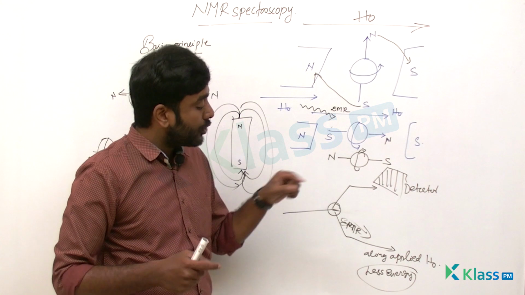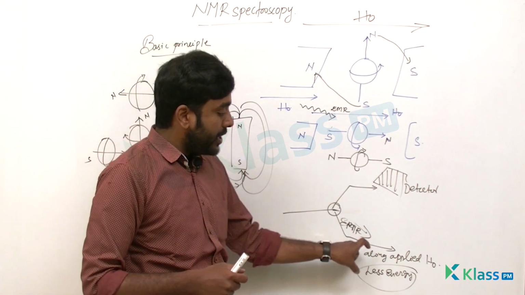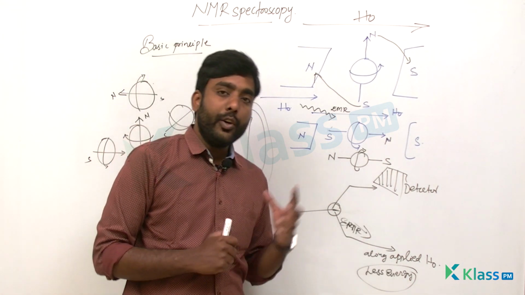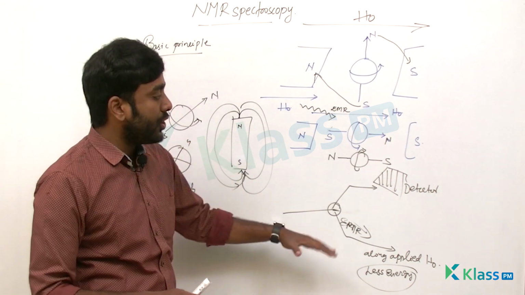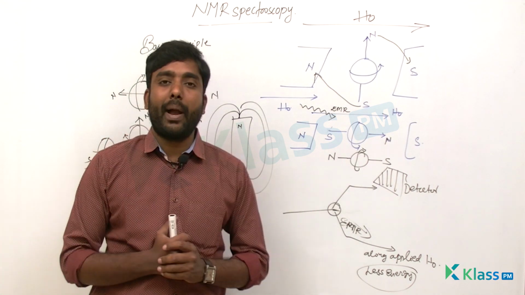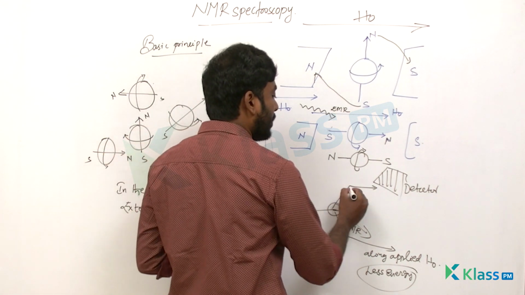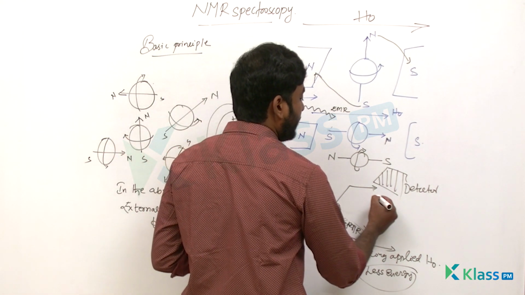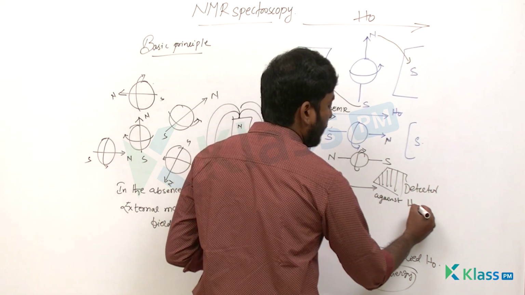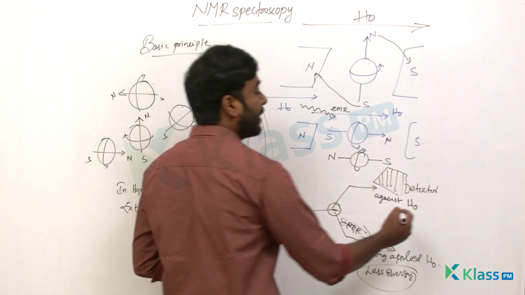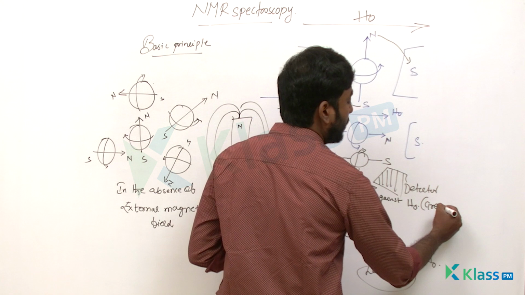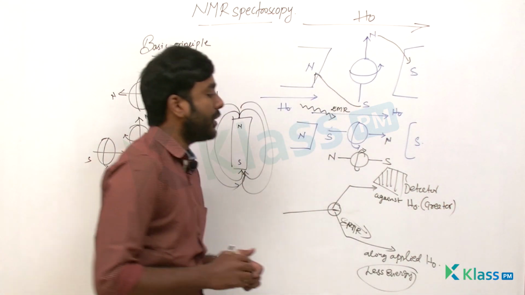But when I give the electromagnetic radiation, and the frequency of the changing magnetic field in the nucleus matches my incident electromagnetic frequency, then it absorbs that energy and immediately goes to the higher energy state, which is against the applied magnetic field. This is the basic principle of NMR spectroscopy.